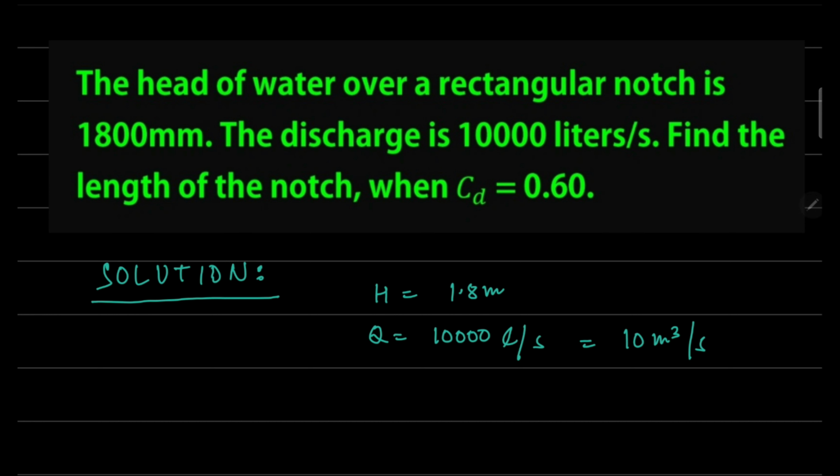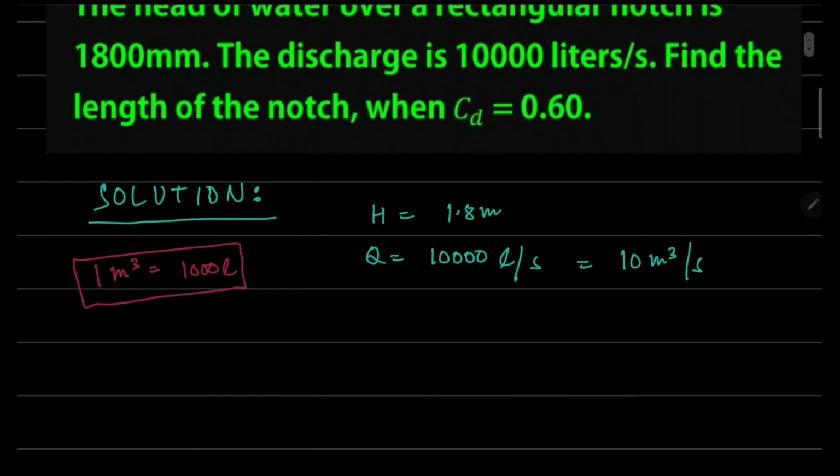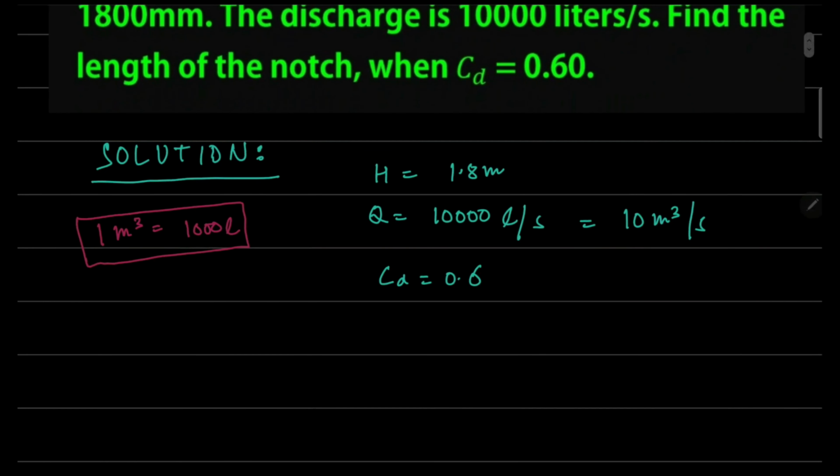Here one important thing you can note down is that 1 cubic meter equals 1000 liter. Now another thing that is given to us is CD, that is 0.6. So we have to determine the length of the crest.